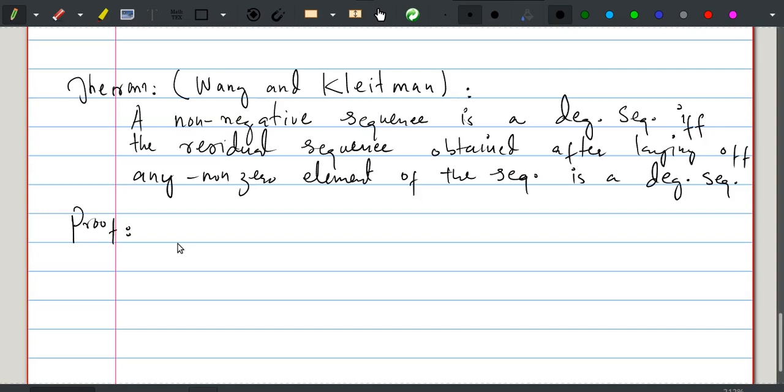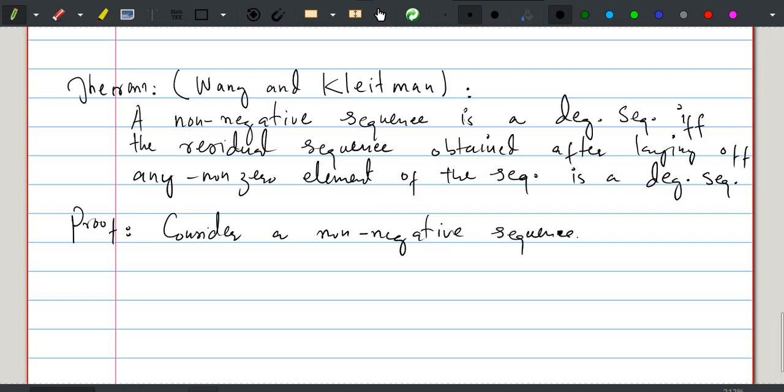Let us consider a non-negative sequence, say D equal to di, where i runs from 1 to n.